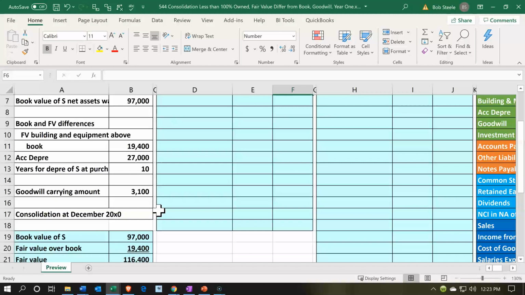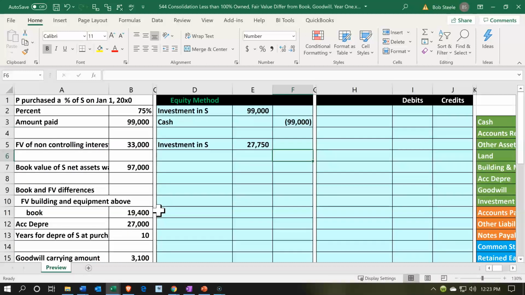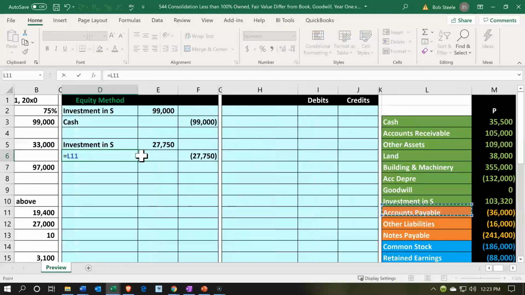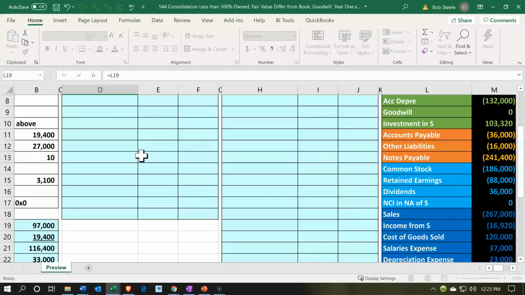So those effects on the income statement that are resulting from these balance sheet account differences that resulted from the time of purchase, we're going to take them into consideration with our calculation of the equity method. We'll do that in a two-step process, however. So I'm going to take first the normal equity method, just taking the income that S reported, and then the other side is going to be going to the income from S. So we're going to go on down to income from S.